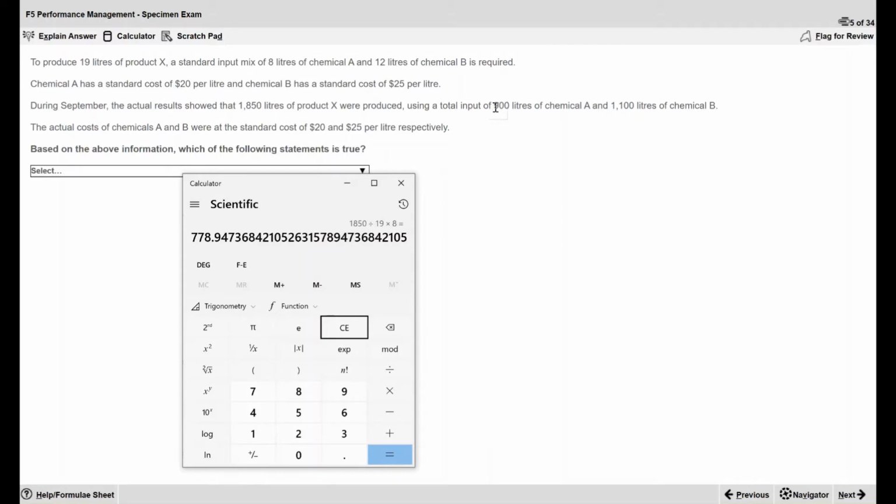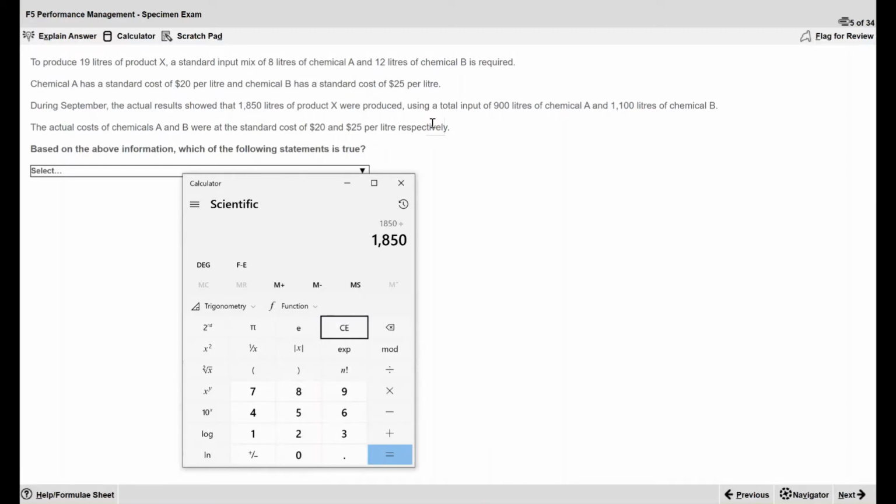I've used more A because A is cheaper. That would suggest a favorable mix variance. I'm not going to multiply by the price because if you multiply by the price, it will give you value, but they haven't asked about value. They only said whether it is favorable or whether it's adverse.